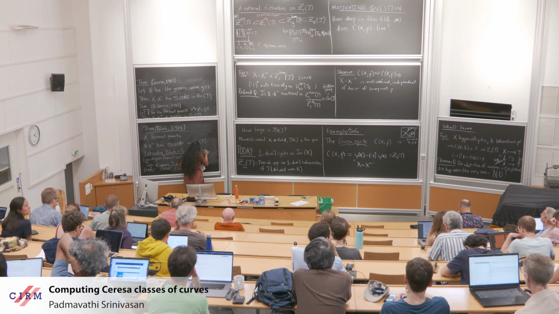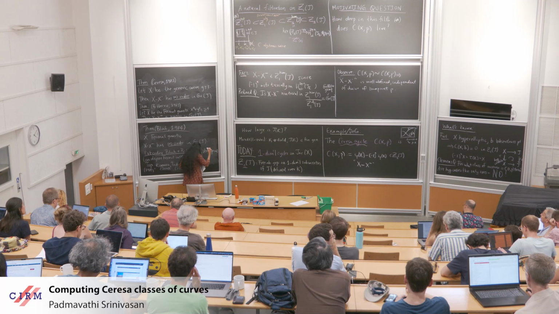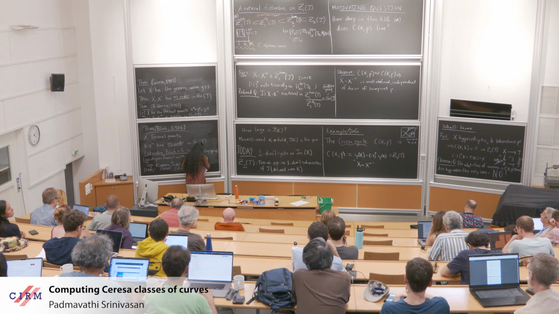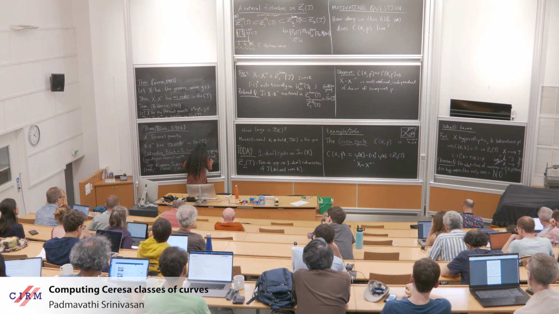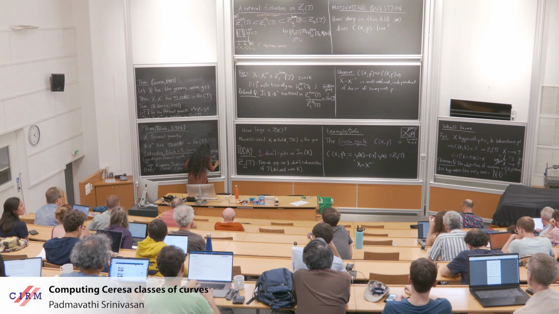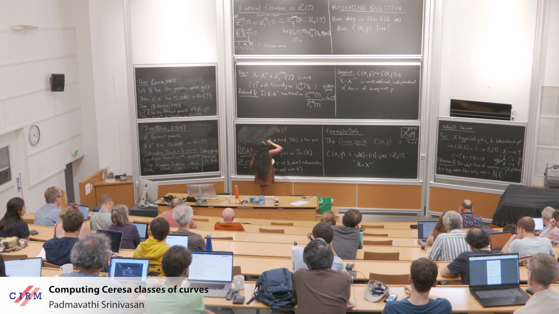These are all very special. They have lots of automorphisms. They have CM Jacobians, extra correspondences. And people really use all of these to show that the Ceresa cycle has infinite order.